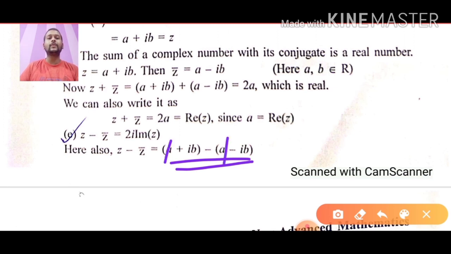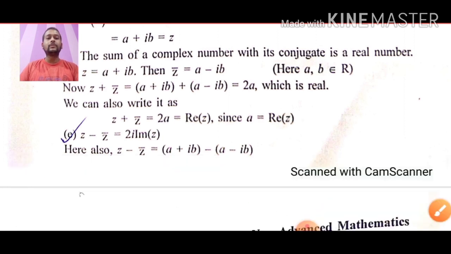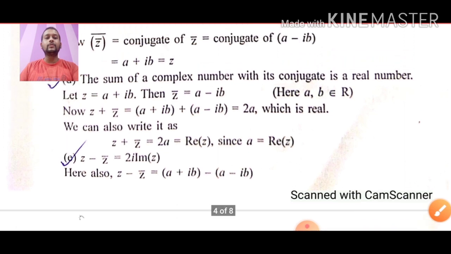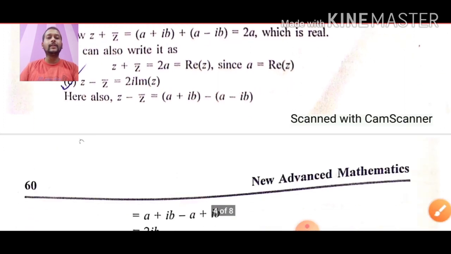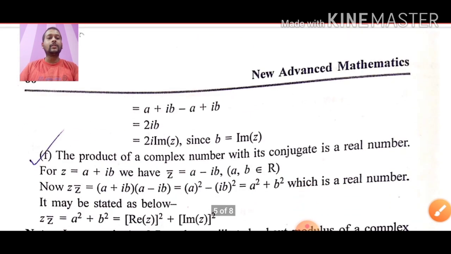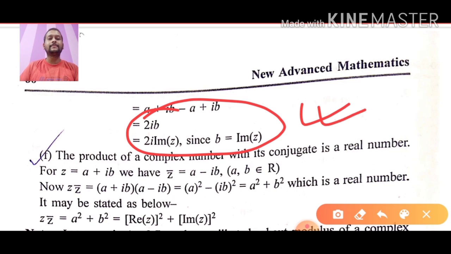What will be left is 2ib. That means we get only an imaginary number. So the addition of the conjugates always gives a real number, and the subtraction of the conjugates always gives an imaginary number.